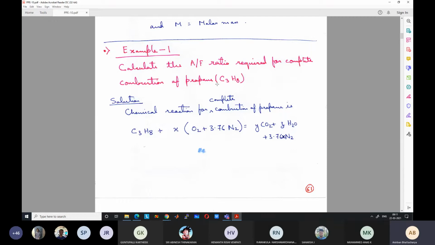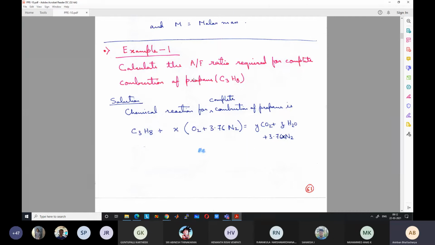So when we are asked to calculate the air fuel ratio required for complete combustion of propane, it is assumed that we want the minimum air fuel ratio, the exact amount of air required for complete combustion, because it is not mentioned that excess air is present.